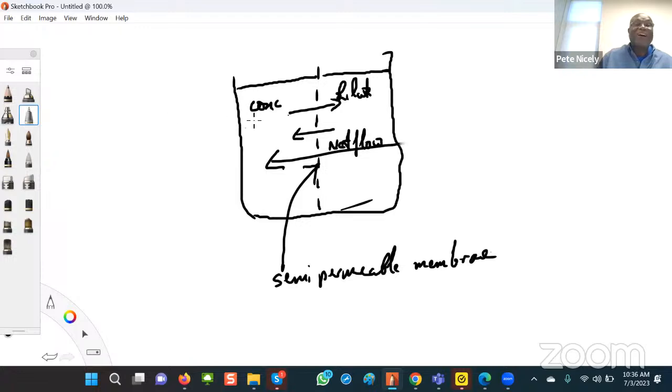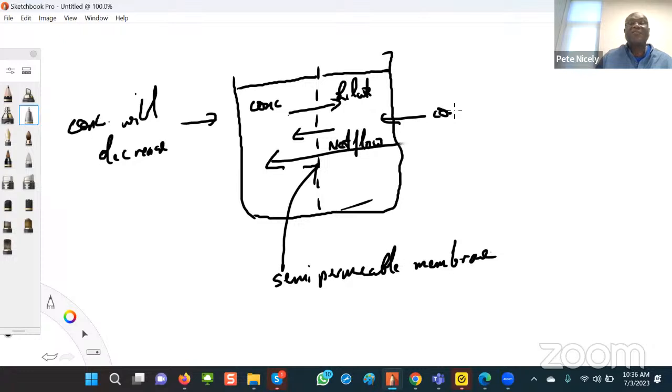So the concentration here will decrease on that side, while the concentration here will increase. Concentration will increase.